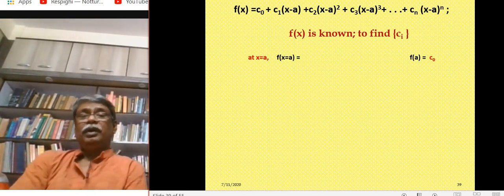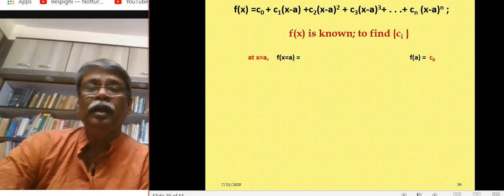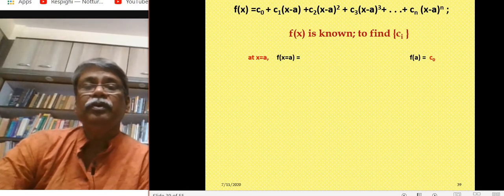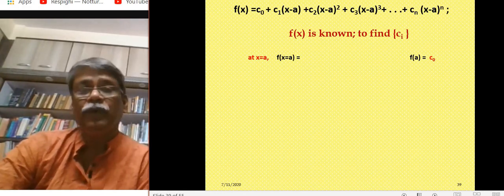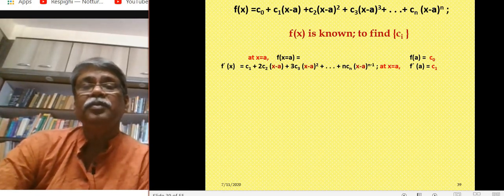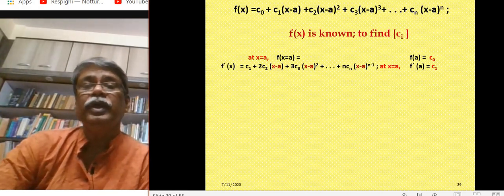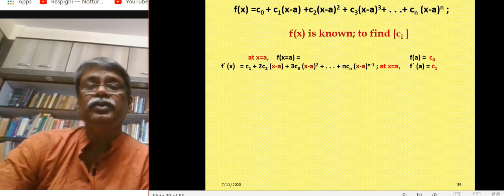So next question, may I use the same vanishing trick? c0 is already obtained, but of course you have to find a little bit more in your trick, to make all the terms vanish except this c1 term. That is very simple. If you take the derivative of this function, then c0 is out, so c1 is there, and here comes 2c2 into (x minus a), 3c3 into (x minus a) squared, and so on, and the last term is n cn (x minus a) to the power n minus 1.